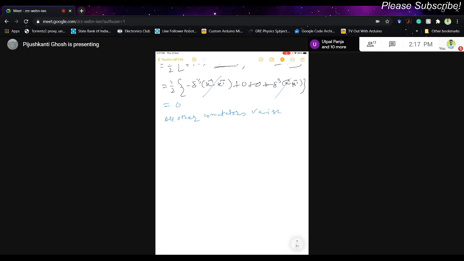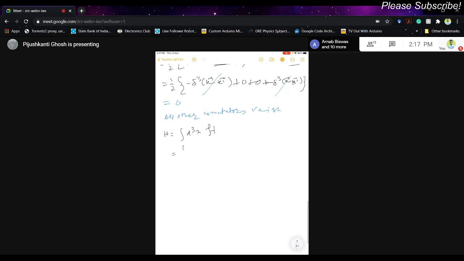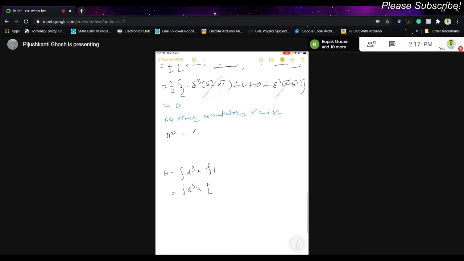So the Hamiltonian density, total Hamiltonian H. Now there are two scalar fields, so we'll have two momenta, pi 1 and pi 2, right?